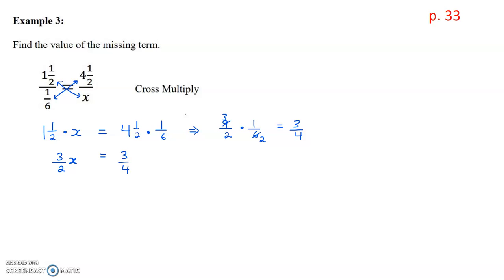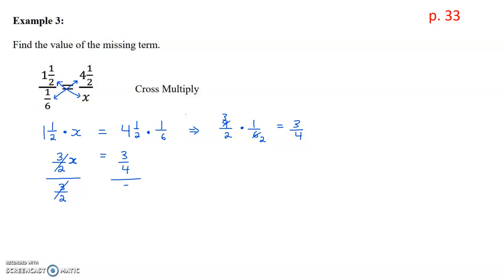is equal to 3/4. So now, as we learned before, because I'm multiplying to x, I have to get rid of that 3 over 2 through division. So I do the inverse of what is happening to x. If you're multiplying to x, then you must divide. So I'm going to divide by 3 over 2, which cancels that, because 3 over 2 divided by 3 over 2 is equal to 1.